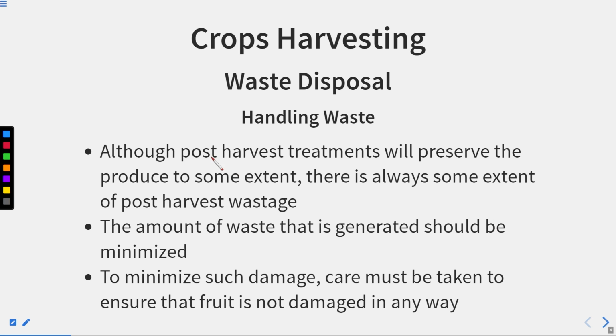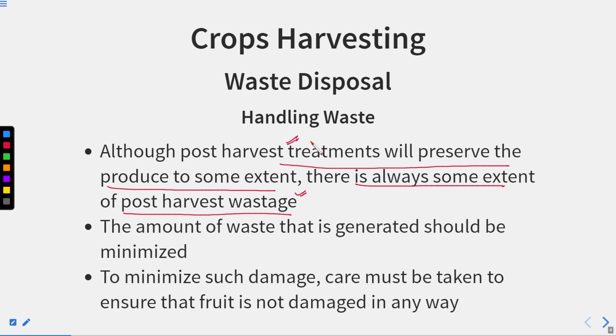Although post harvest treatment will preserve the produce to some extent, there is always some post harvest wastage. We follow some post harvest treatments to protect our harvested crop, fruits or vegetables, whatever we have harvested from our orchard or field.